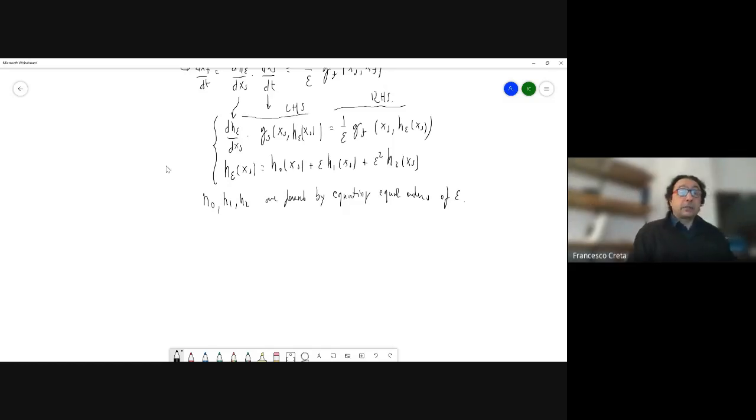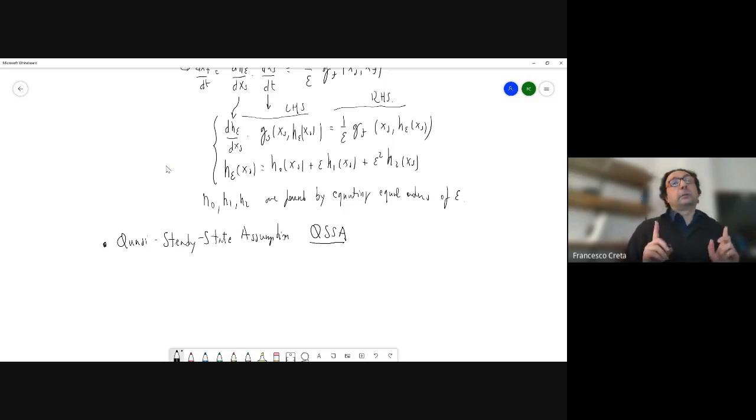So in the past, there was a technique called the quasi-steady state assumption, QSSA. This is very well known in chemical kinetics as a simplification technique, which is different from the one we've just seen.